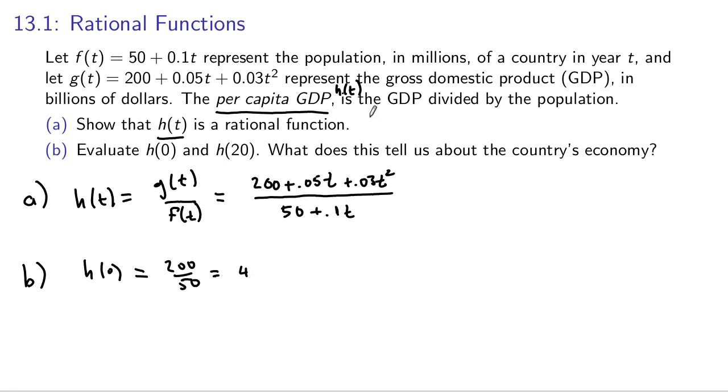And the units here would be thousands of dollars per person because we have millions of people and billions of dollars. So this would be 4 thousands of dollars, which we might just write as $4,000 per person.